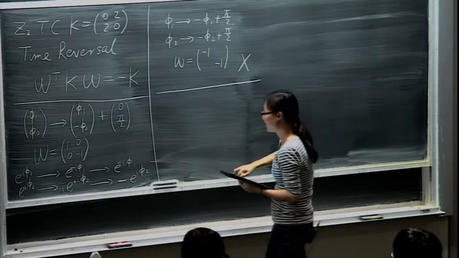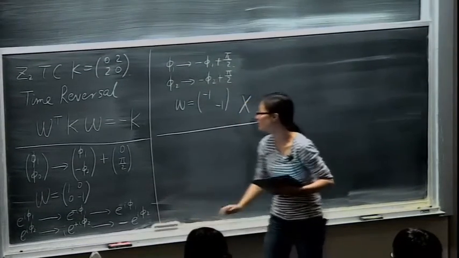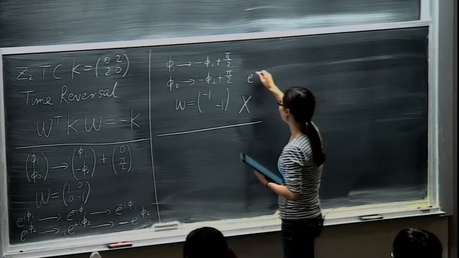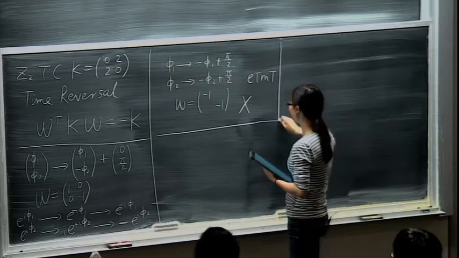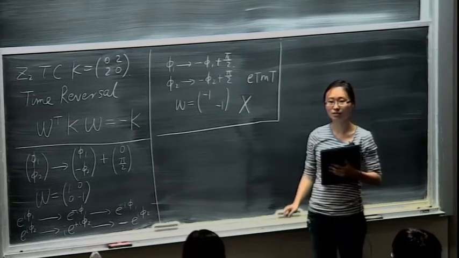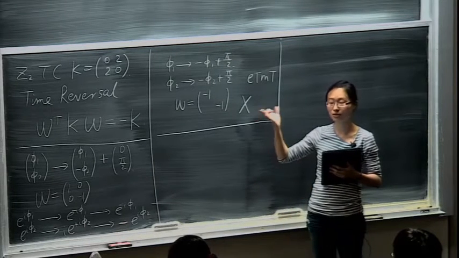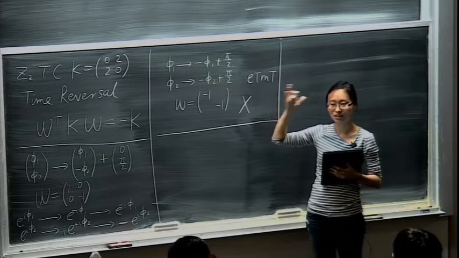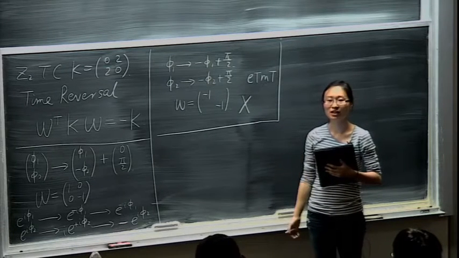So this one is actually anomalous. This is what's called the ETMT, according to Senthil's terminology, that E and M particle both transform as T squared equal to minus 1 under time reversal. Yesterday we looked at the equation, and I explicitly said that it's a consistent symmetry fractionalization pattern.